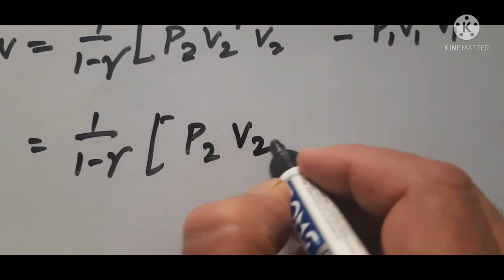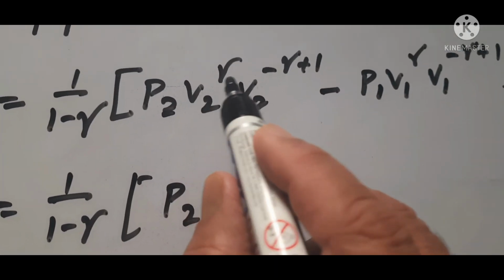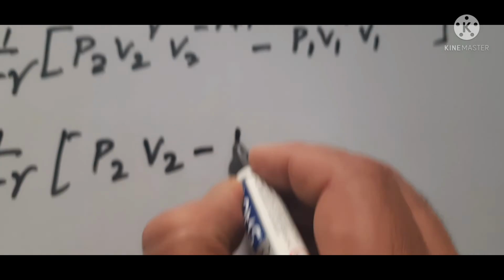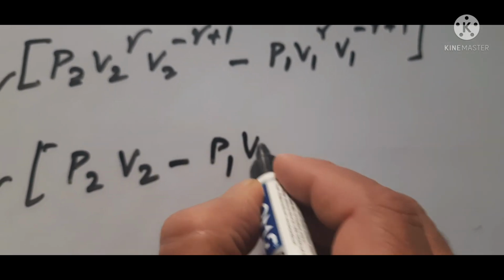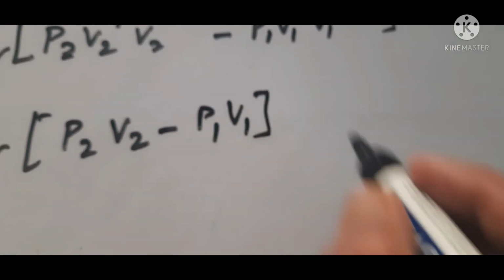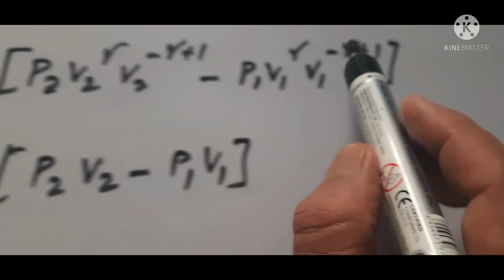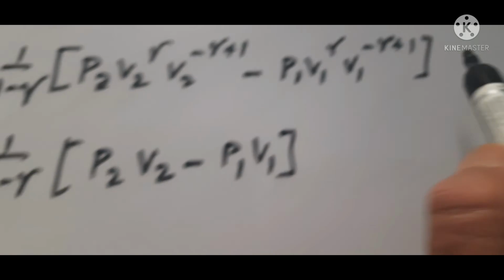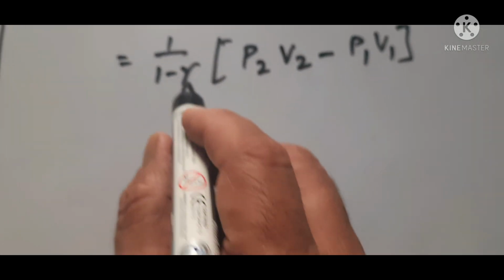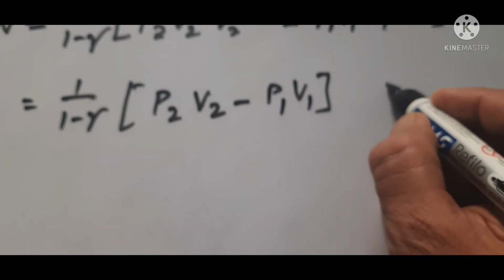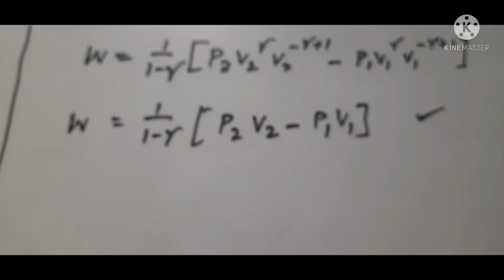So V2 ultimately, only one V2 remains, minus similarly P1 V1. Base same, powers added. That way you are getting W. This is the first form of the work done.